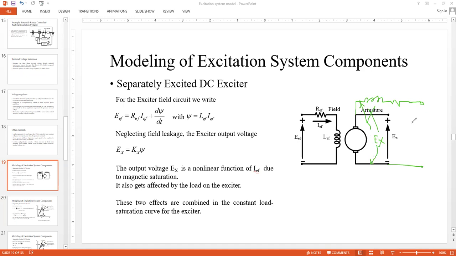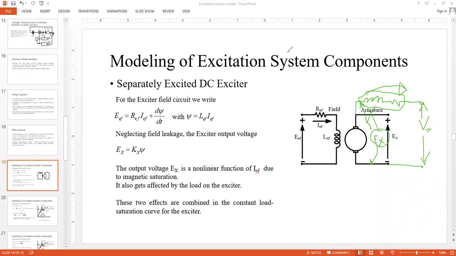Induced voltage is EX. Once the current flows there, of course, the exciter would be loaded. The load for the exciter is the field coil of the synchronous machine, and then you will get the terminal voltage. If you consider these two elements in the armature also, then your V, the terminal voltage that is fed to the synchronous machine field, would be different than this EX.